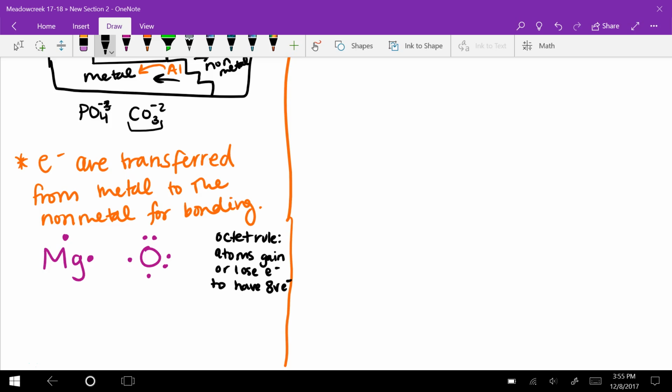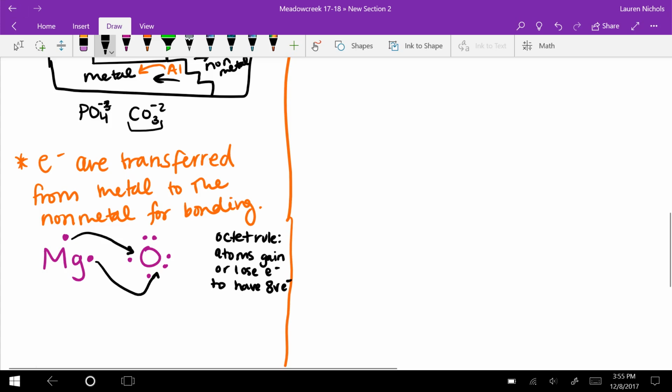So really, you're going for either 0 valence electrons, or however many you had plus a few more to get to 8. With electrons being transferred, magnesium has 2, oxygen has 6.